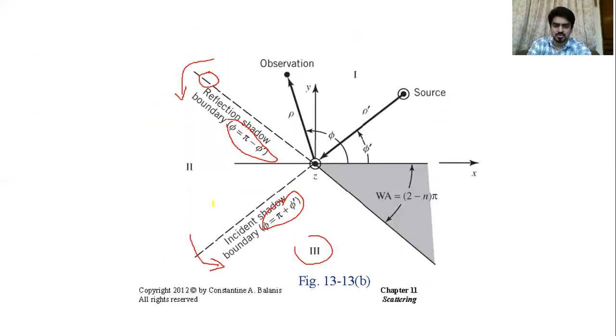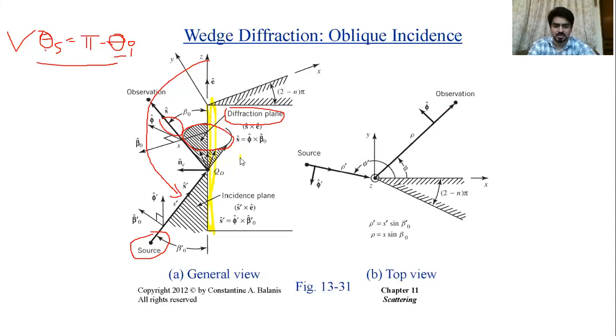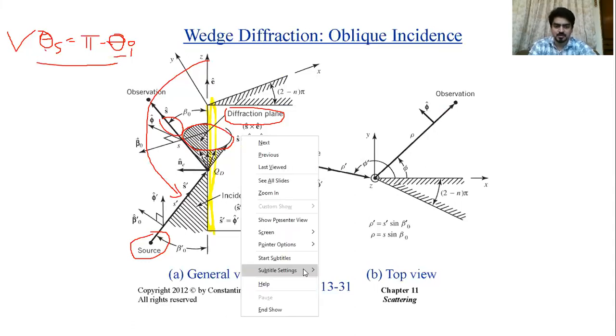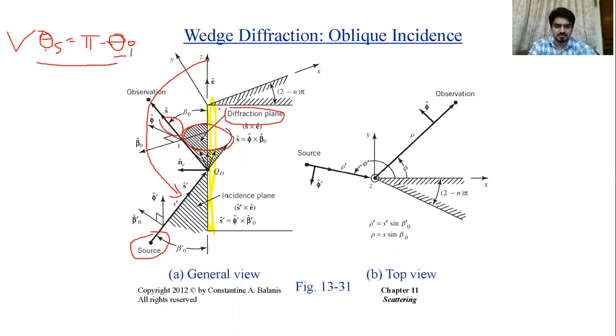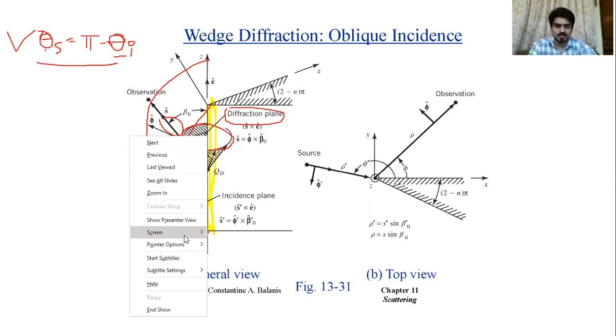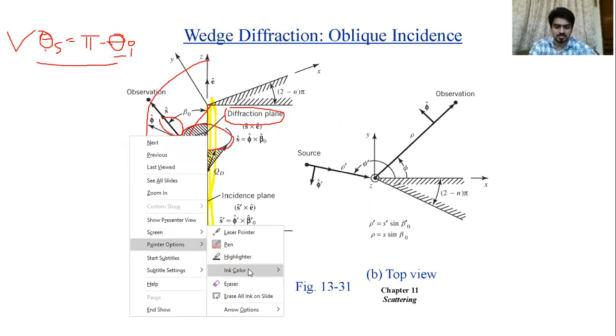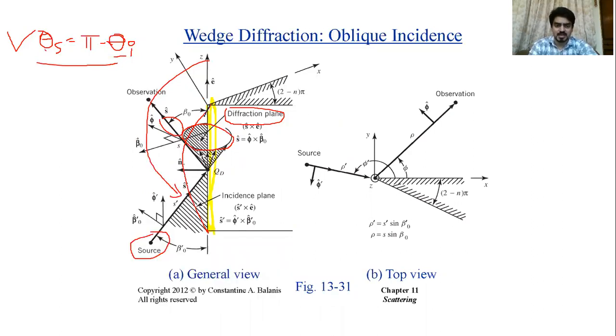Instead of that, you can also have something like, let me just draw here. Or maybe let me change the color so that it is much clearer to you guys. You can also have a curved edge like this.